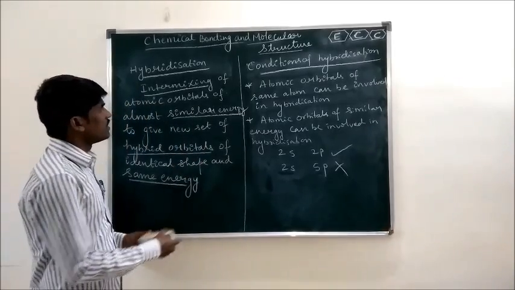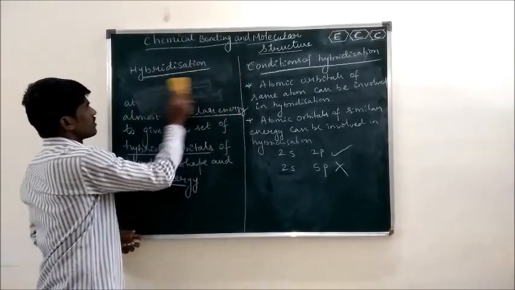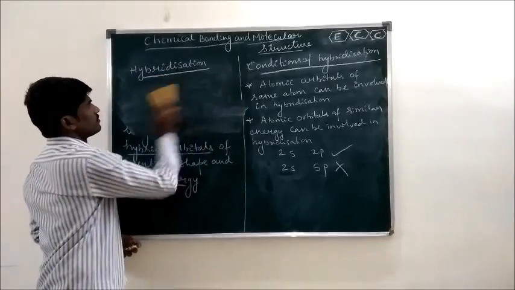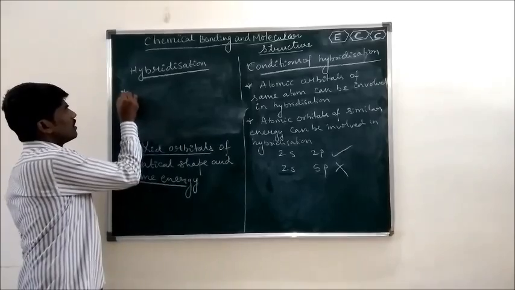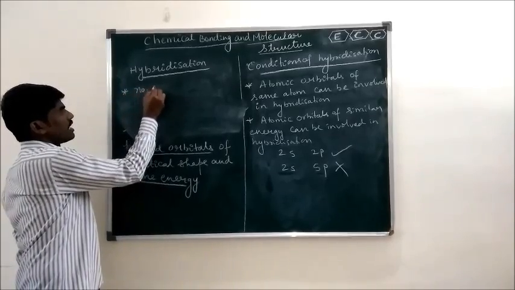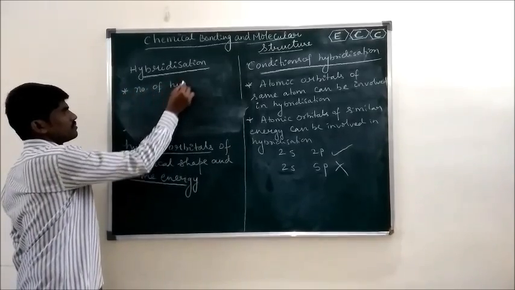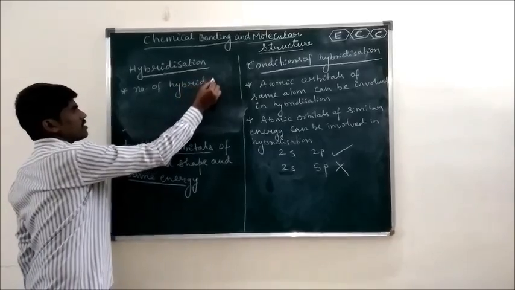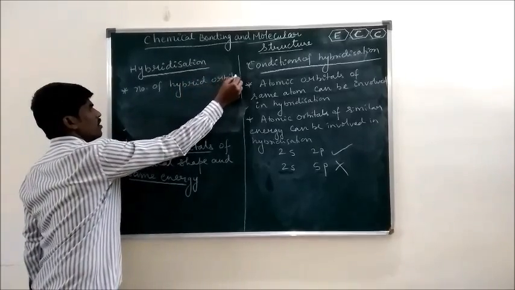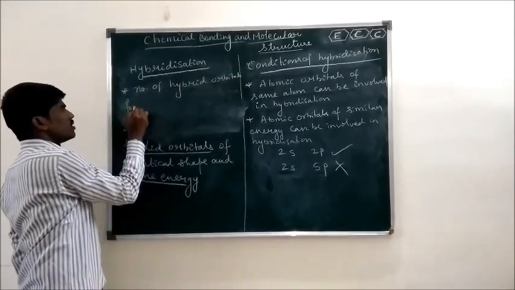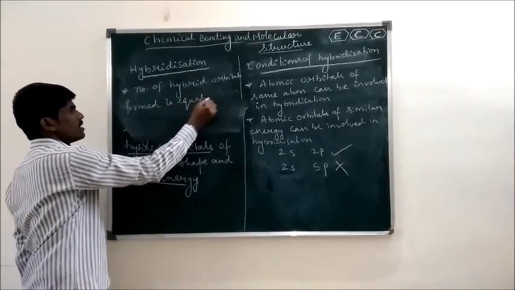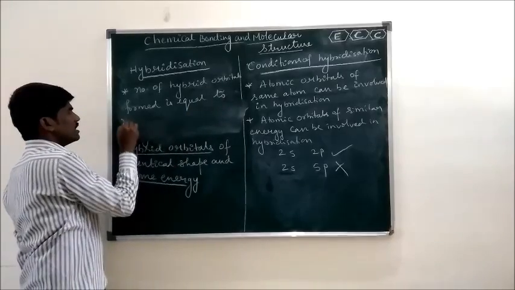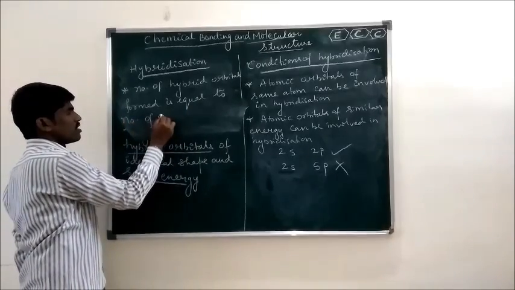Now let us see a few more conditions. Condition number 3: the number of hybrid orbitals formed is equal to the number of atomic orbitals involved.